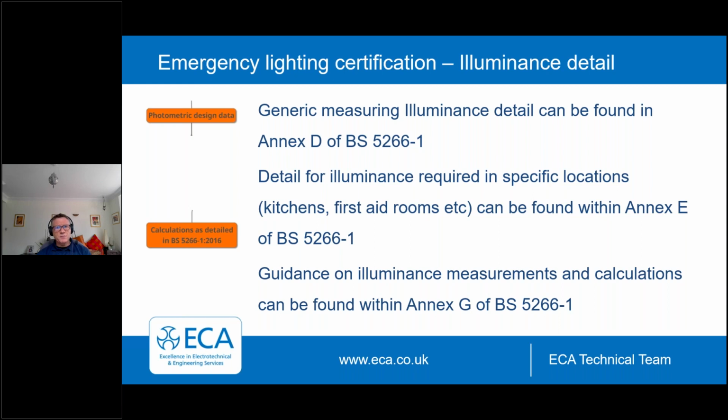Kitchens, first aid rooms, for obvious reasons, would potentially have a slightly heightened illuminance requirement than other general open areas, so we may need to consider that. But there is detail within Annex D and Annex E. Guidance on illumination measurements and calculations can be found in Annex G.